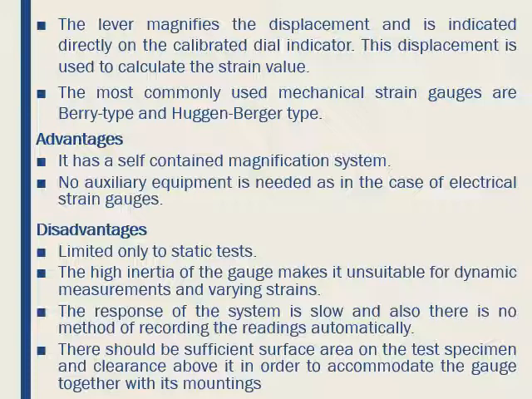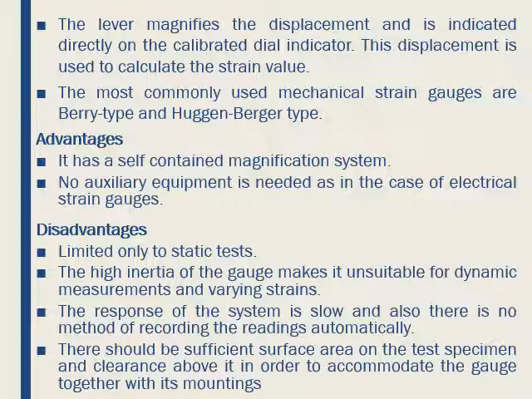The second limitation is the higher inertia of the gauge. Whenever there are mechanical components involved, inertia and friction are both part and parcel of the system. So the higher inertia of the system makes it unsuitable for dynamic measurements and also for varying strains.